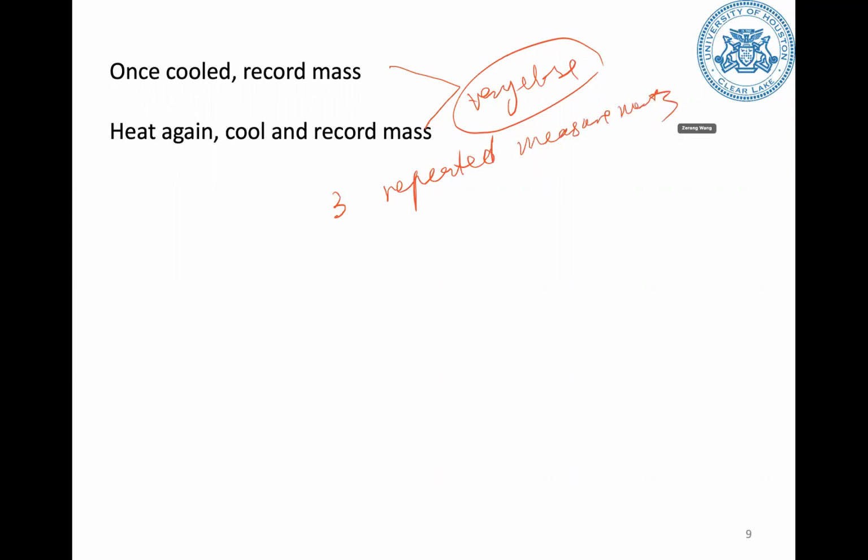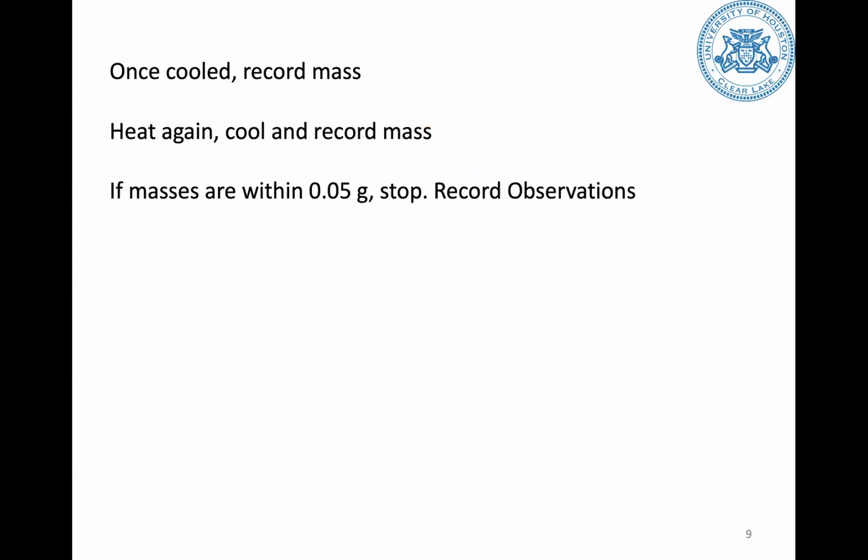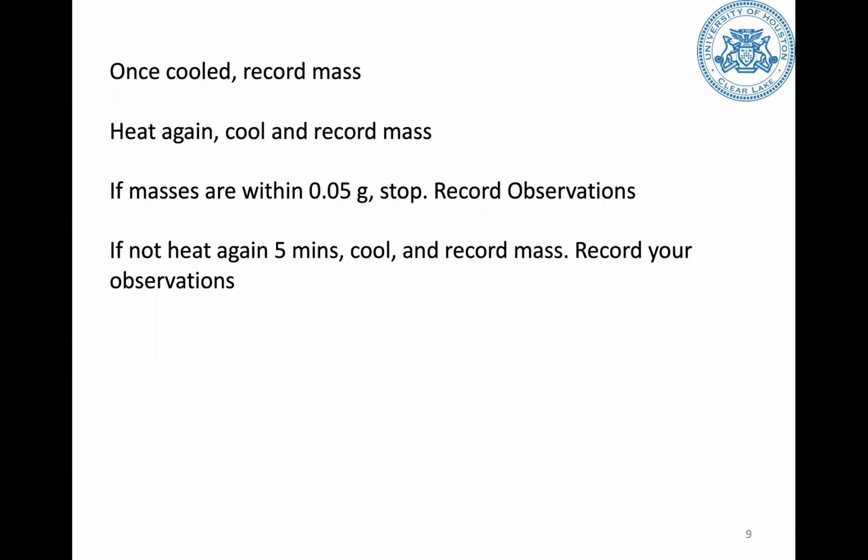But for this one, you just do one time. If you see the masses are within 0.05 gram difference, then you're okay. Then you record the observation. If the difference is more than this, then you need to add heat again for 5 minutes, then cool and repeat.